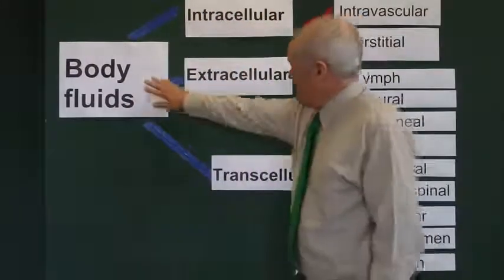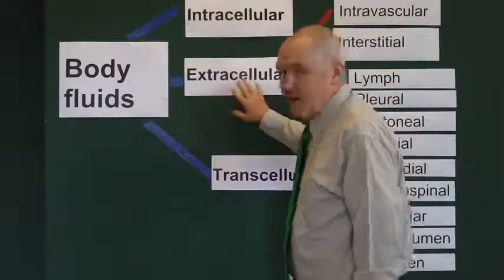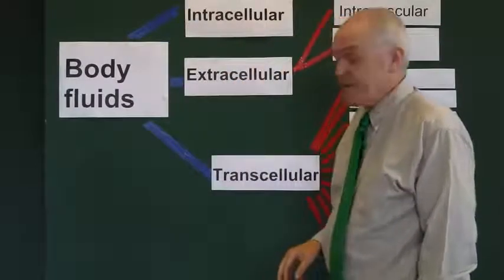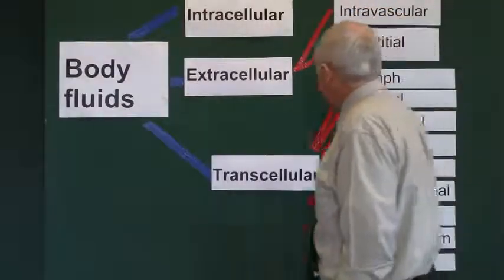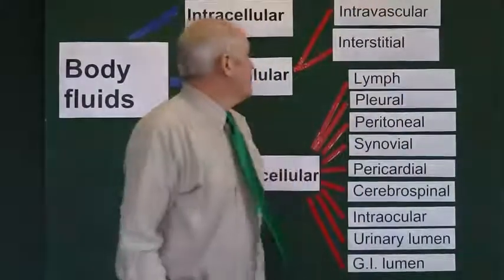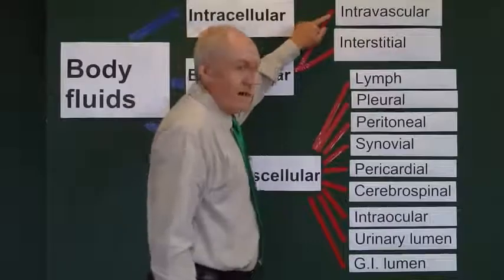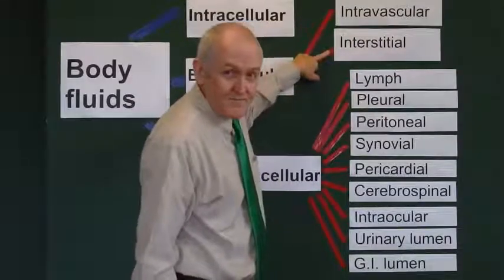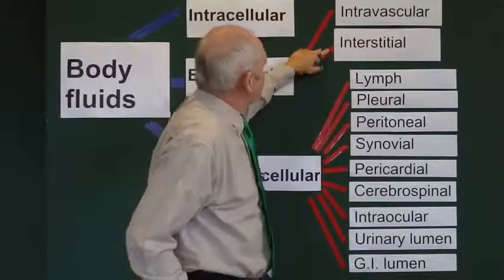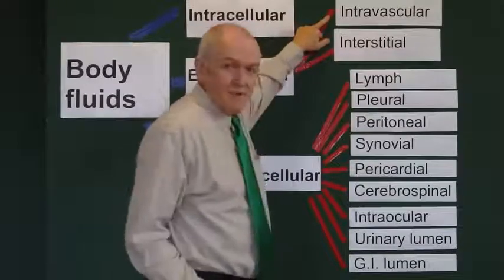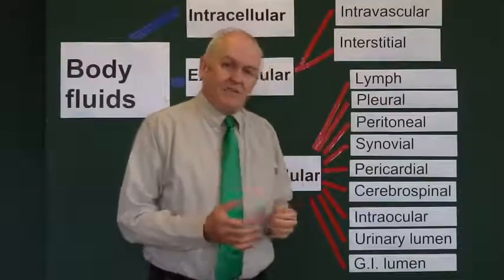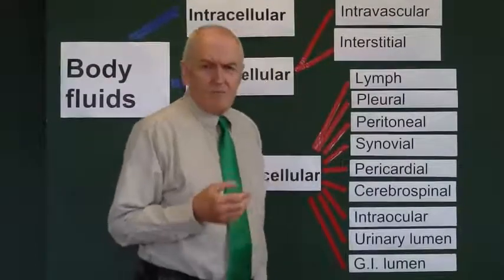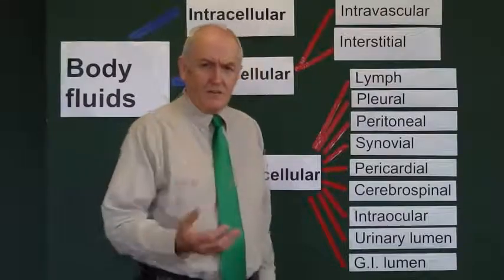Now, body fluid will also be extracellular, not inside the cells of the body. And here there's 2 main compartments. Here we've got the intravascular compartment and the interstitial compartment. Now the intravascular compartment, as the name implies, is inside the blood vessels. So it's the blood inside the chambers of the heart, the blood in the arteries, veins and capillaries.